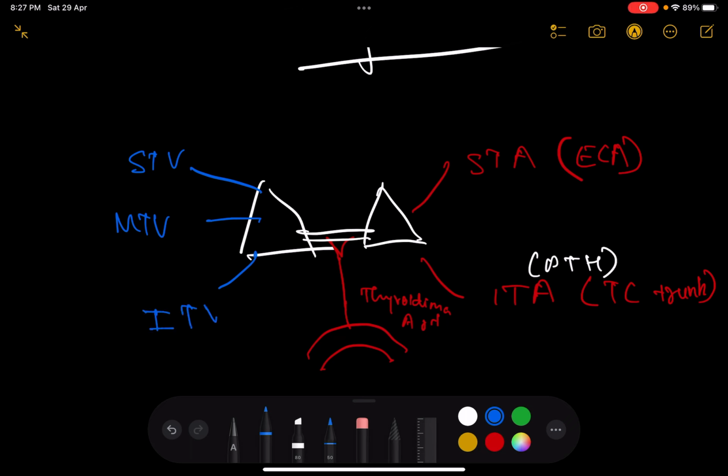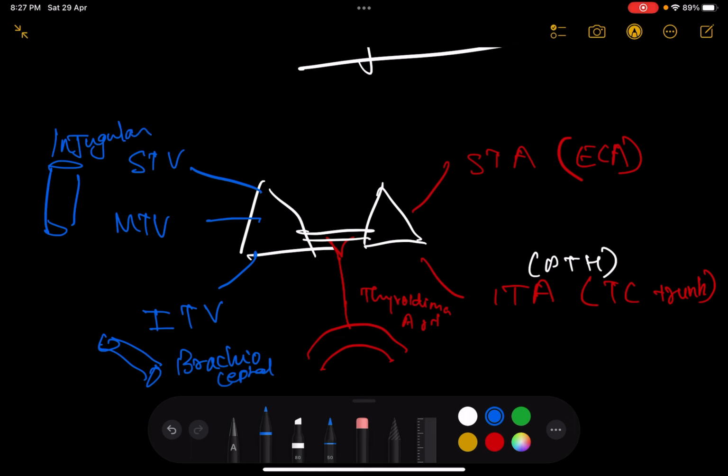So your inferior thyroid vein drains into the brachiocephalic, which is obviously then going to drain into the SVC. But your STV and the MTV, that is your superior thyroid vein and the middle thyroid vein, drains first into the internal jugular vein.